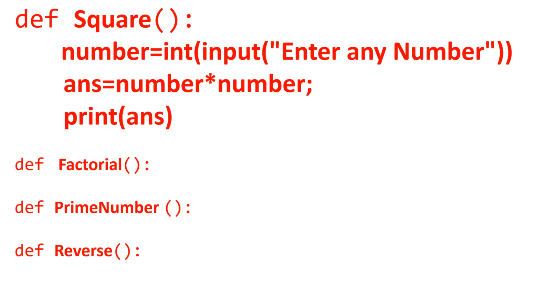Next we want to find the factorial, then the prime number, and the reverse of an entered number. We want to do these tasks also. If we want to do these tasks also, then we will have to write them in separate functions.